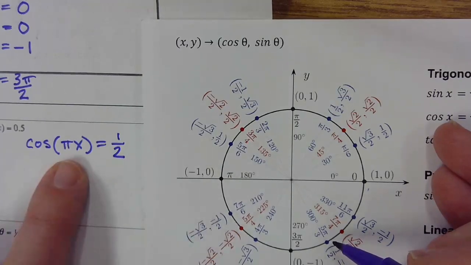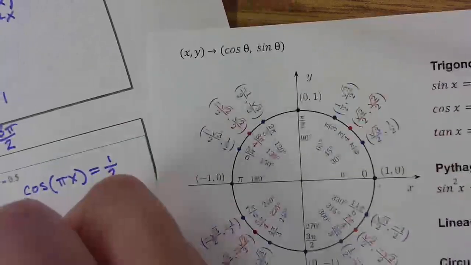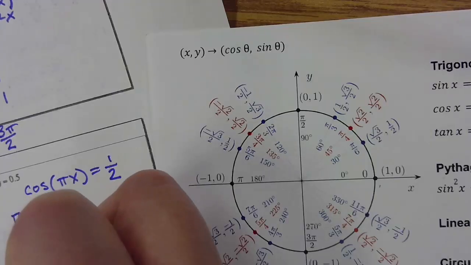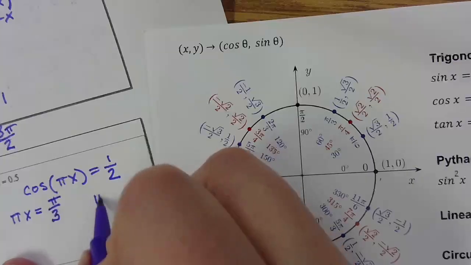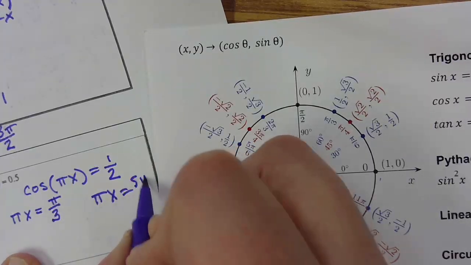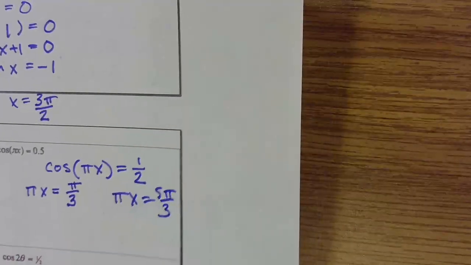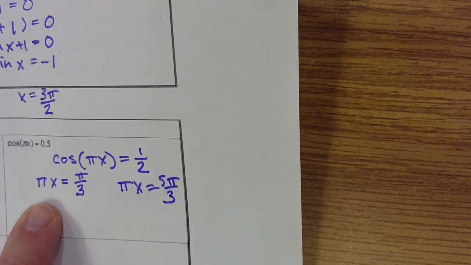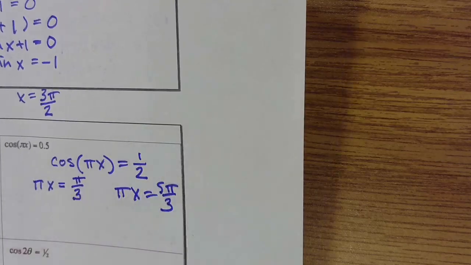But instead of saying x is equal to pi over 3 and 5 pi over 3, I say pi x is equal to pi over 3, and pi x is equal to 5 pi over 3. At this point, to isolate x, you'd be dividing by pi.